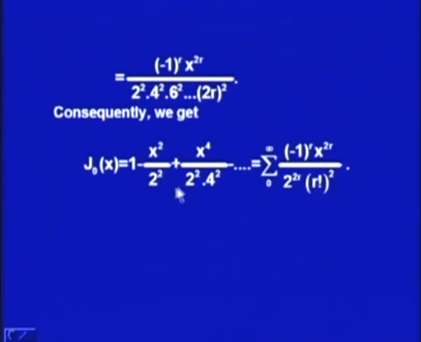In the expanded form, it is 1 minus x square by 2 square plus x to the power 4 over 2 square into 4 square and so on.